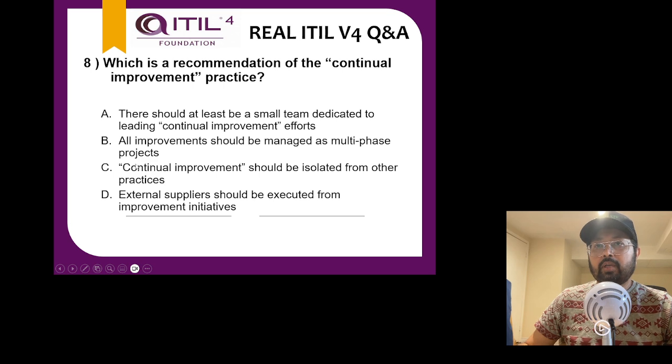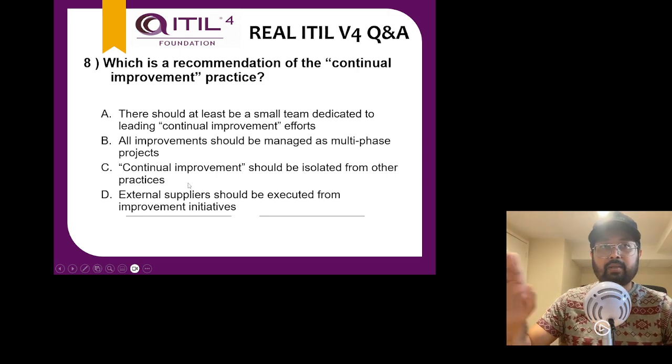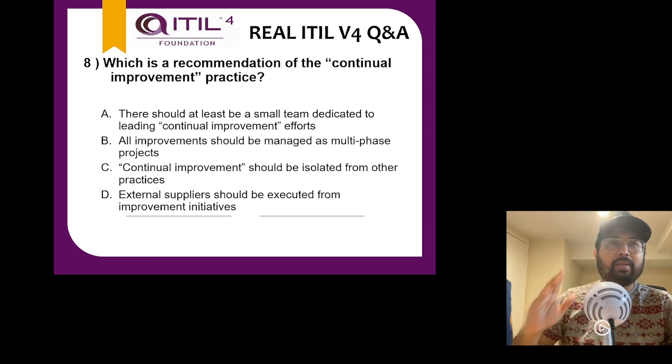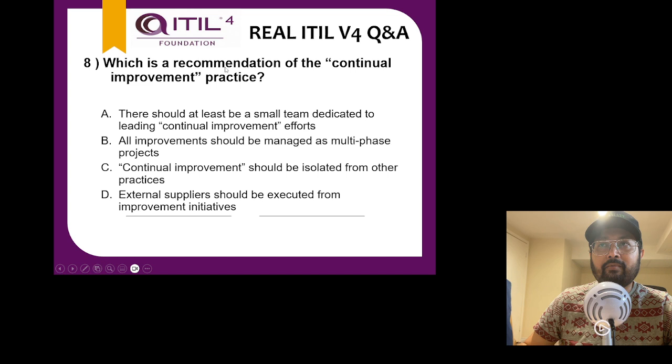So I will not take B, but I keep in mind A could be a probable answer. Now C: continual improvement should be isolated from other practices. Definitely this is not the option, since it is isolating something, right? Most probably that is not the correct answer.